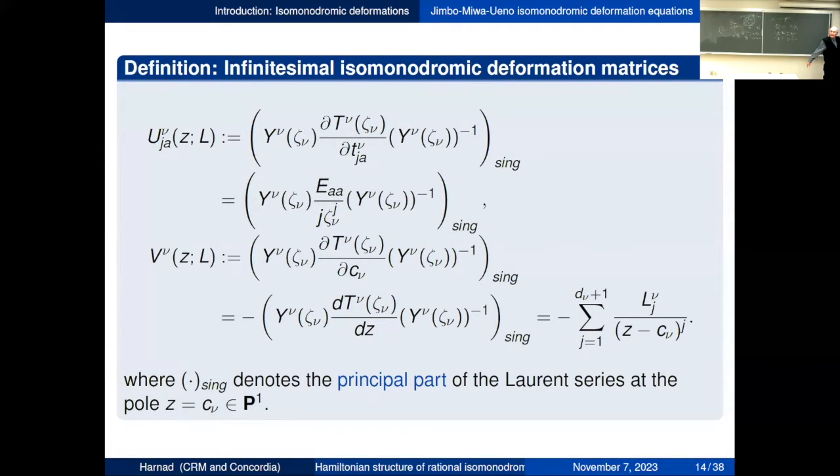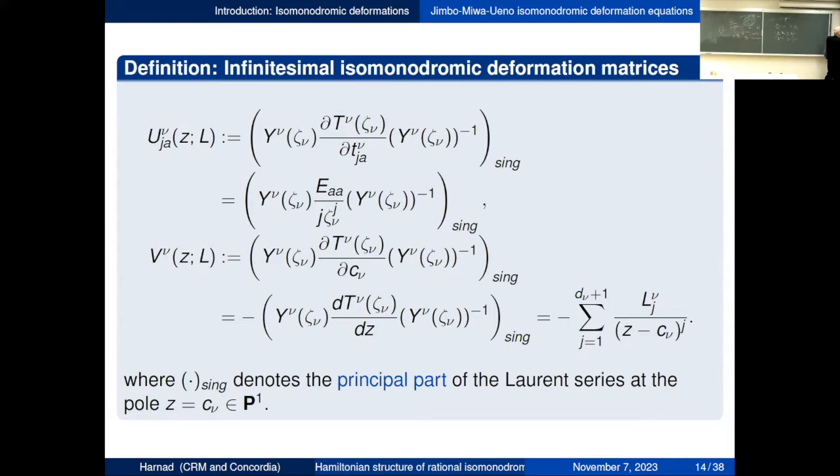This is a uniquely determined thing, determined algebraically in a recursive way from the Lax matrix. So is Y. So all of these things are uniquely calculable in terms of the entries of the Lax matrix. Define this for each triplet.